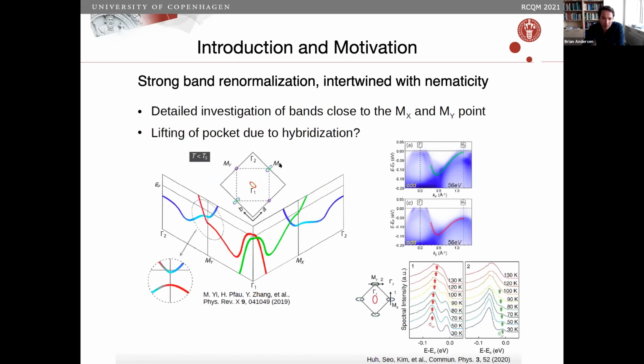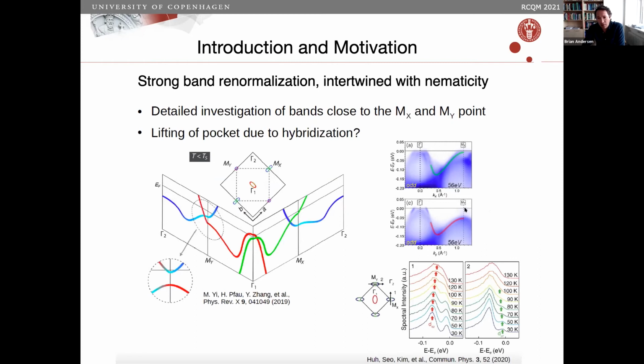Recent work by some of the organizers of this conference series has also shown that there is a large nematic splitting, a large difference in the ARPES spectra if you go this way or this way. Moreover, a gap opens up around the Y point, deep in the nematic state, and maybe even lifts this pocket above the Fermi surface. This is what we refer to as the no Y pocket or the missing Y pocket.